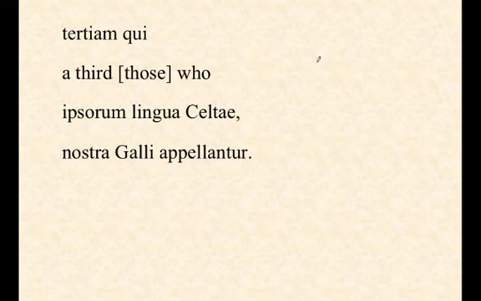Now, the third. Now, talking about a third part. Understood, there are a people who inhabit the third part. But Caesar has another thought that he feels you have to know about this third part and the people who inhabit it.